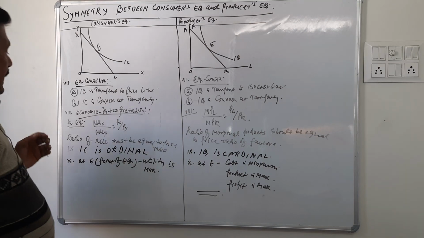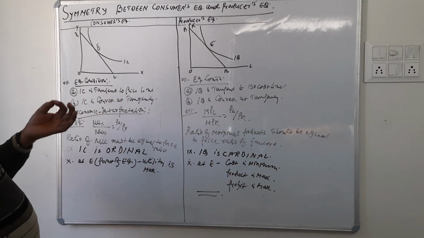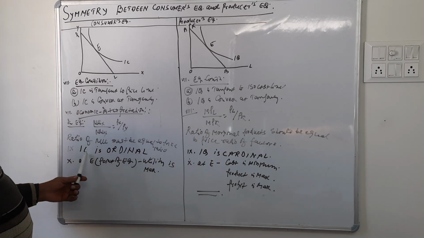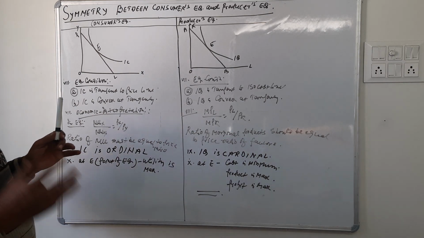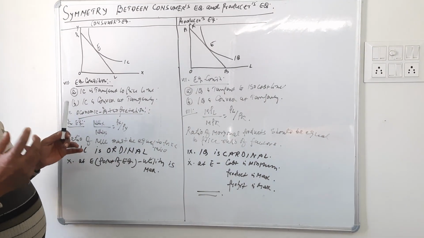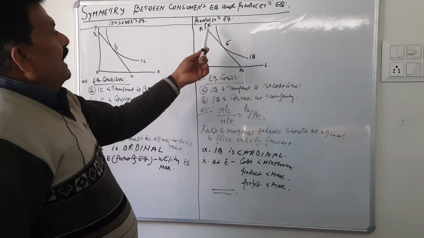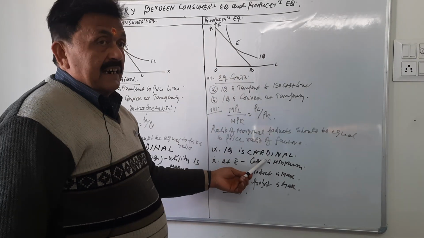Now, these were the symmetries or similarities. There is one point of dissimilarity: IC is ordinal in nature. Utility can't be quantified or measured in numbers. So IC is ordinal, but IQ measures output quantity, so IQ is cardinal.